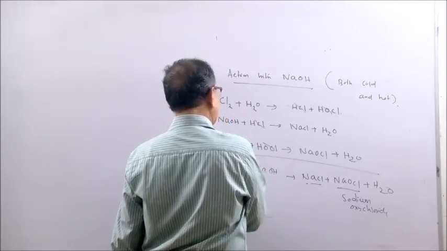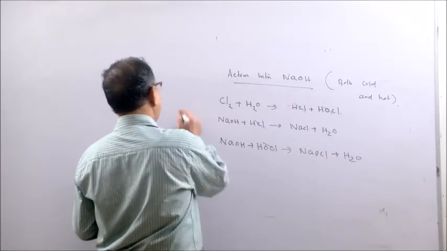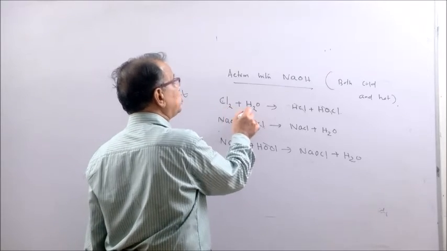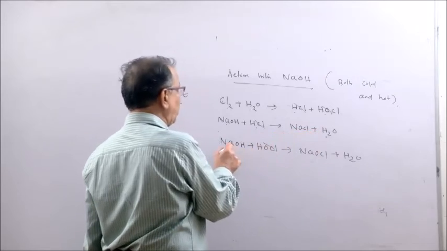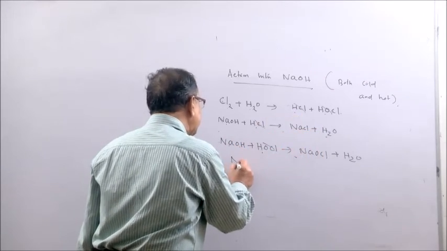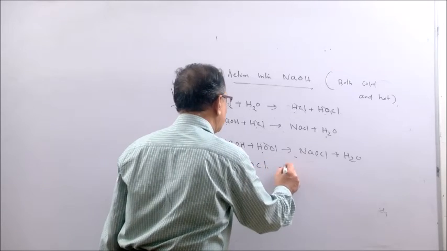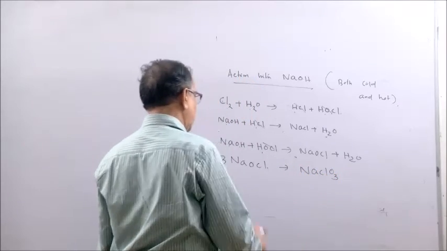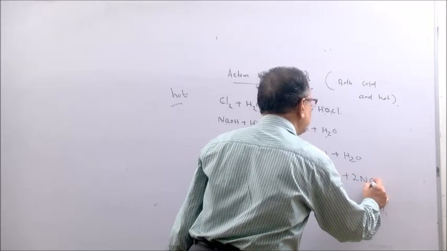Now, if in a hot condition, then these three steps: chlorine plus H2O gives HCl and HOCl, NaOH plus HCl gives NaCl plus H2O, NaOH plus HOCl gives NaOCl plus H2O. Again another step: 3 NaOCl forms NaClO3 plus 2 NaCl.